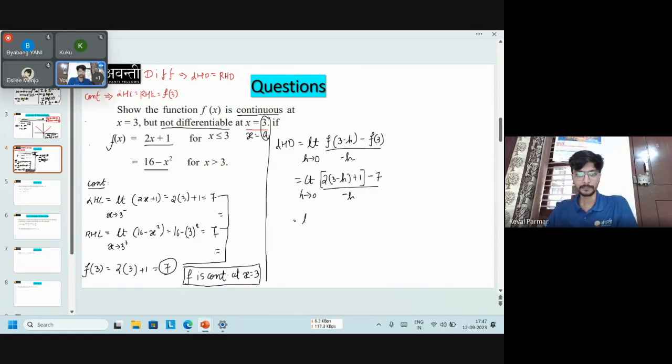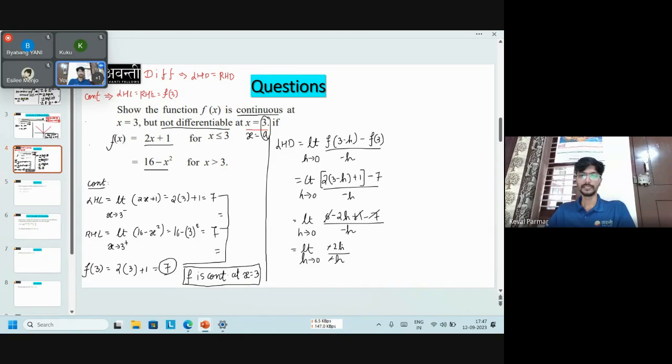What we'll get? We'll get limit h tends to 0, 3 2s are 6, minus 2h plus 1 minus 7 upon minus h. 6 plus 1, 7 minus 7. And here we can also cancel: limit h tends to 0, minus 2h upon minus h.